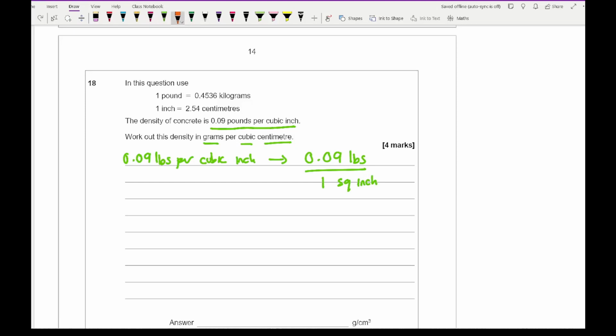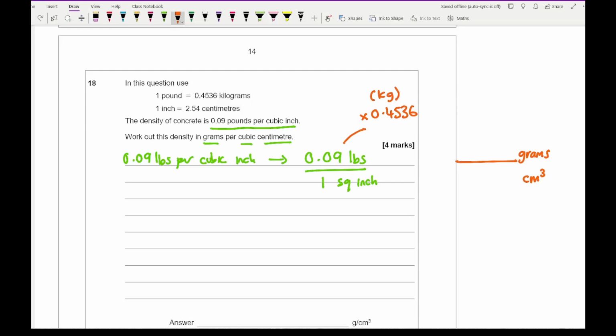Now what I want is I want grams and I want centimetre cubed. So to get from pounds to kilograms, I've got to multiply by 0.4536, and that converts it into kg.